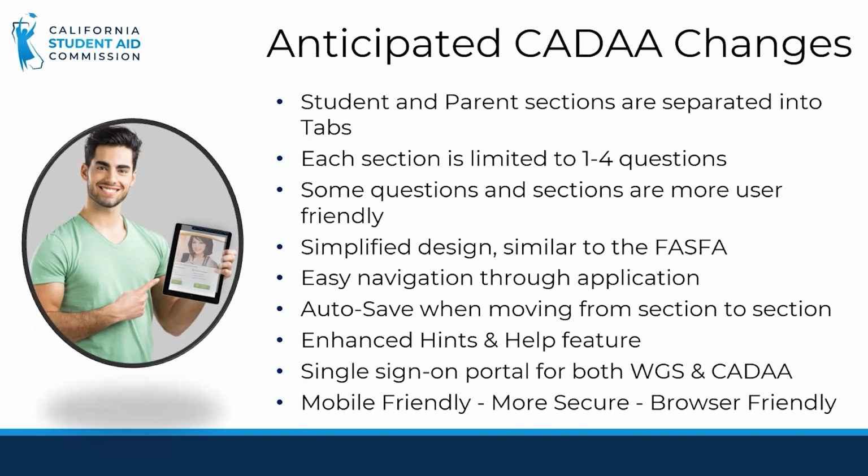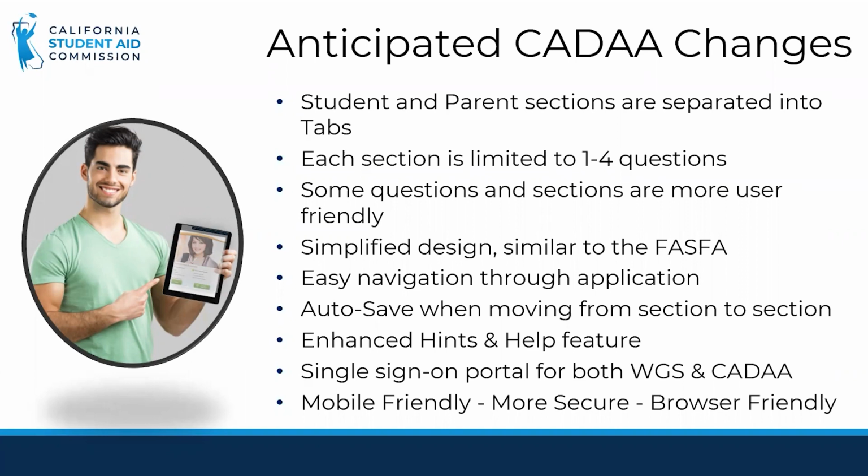One of the things is that we won't have pages where you have to scroll and scroll and scroll. We're going to eliminate those and make them shorter. When a student jumps from one section to the other, it will save. It'll become accessible with different browsers and with a phone or a tablet.